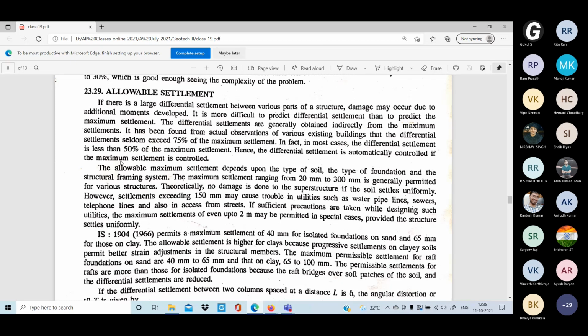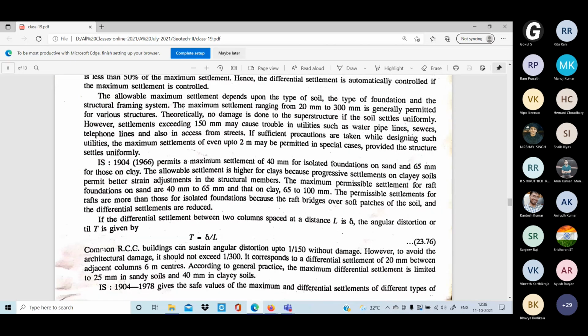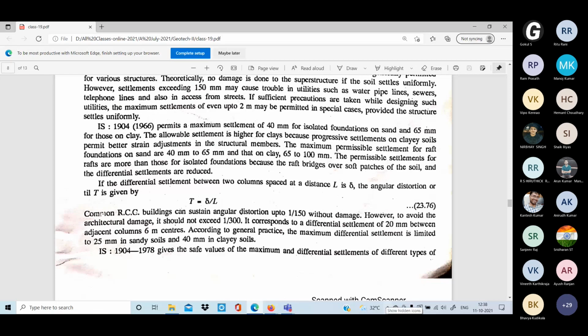Coming down here, T equals delta by L. If the differential settlement between two columns spaced at a distance of L is delta, the angular distortion T is given by delta by L.